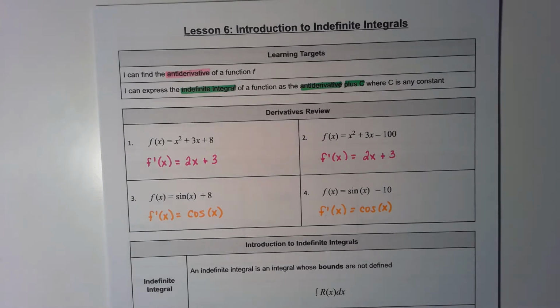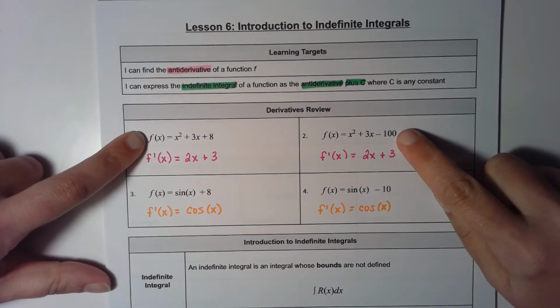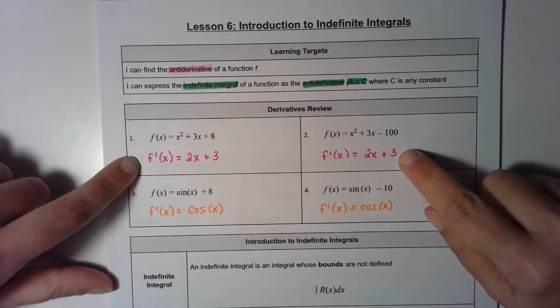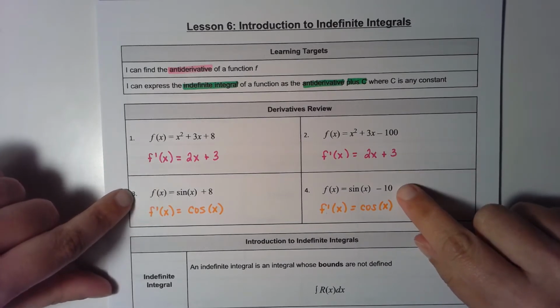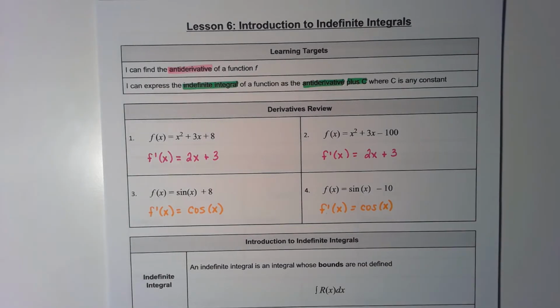Now, one of the things I want you to notice here is that even though these two functions are not exactly the same, their derivatives are the same. A reason for that is that the last term in all of those equations was a constant.